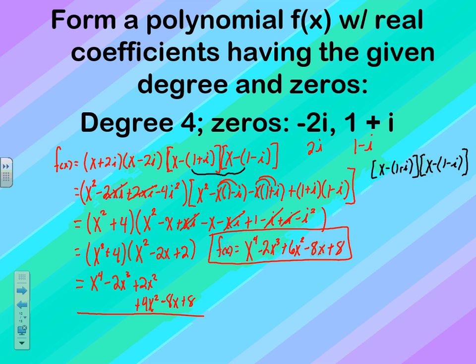Okay, so if we multiply these together, we do it the long way that we had there. But the shortcut that we had was x squared minus 2ax plus a squared plus b squared.